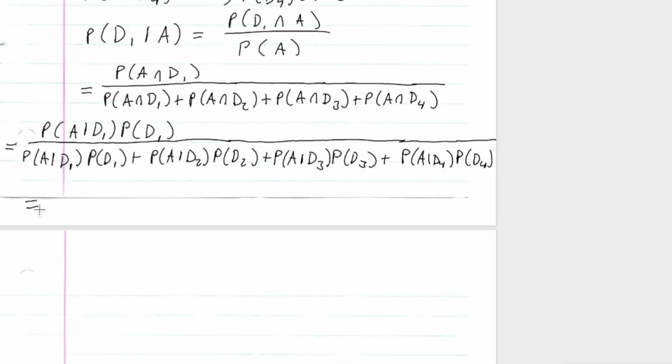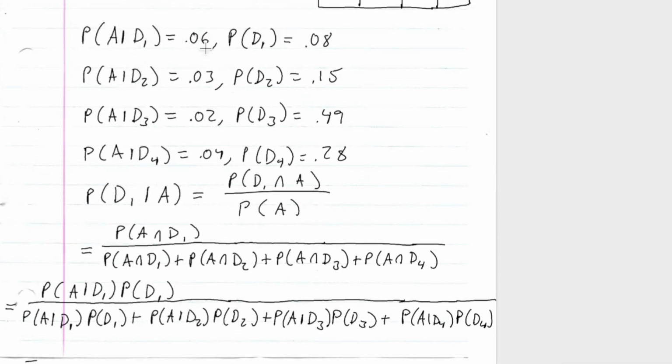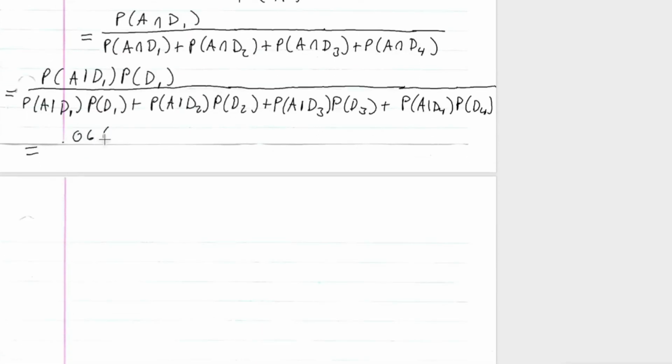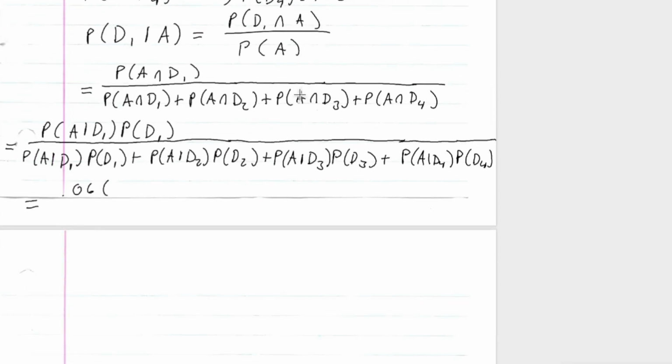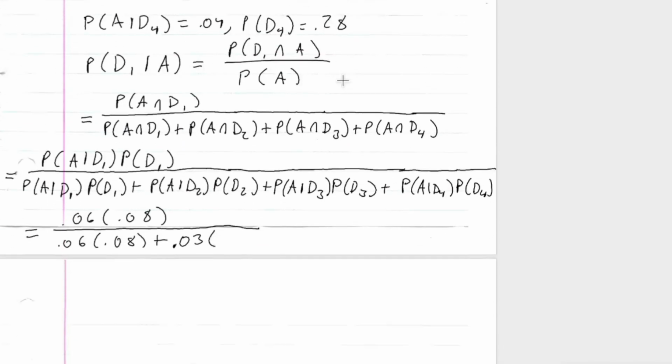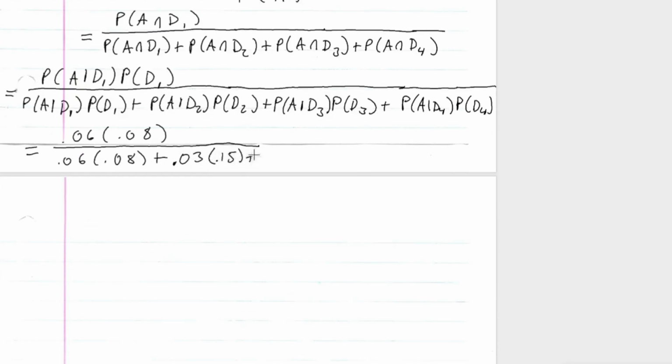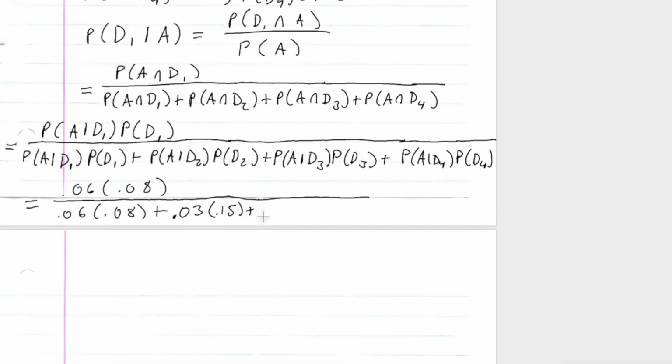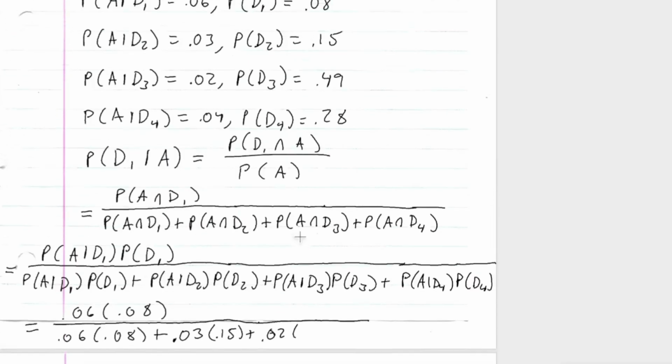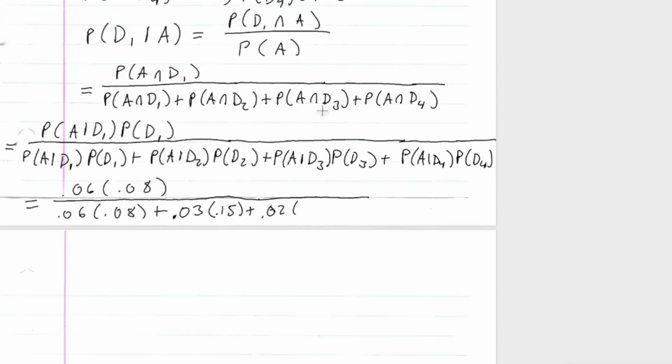So this is equal to, the probability of A given D1 is 0.06 times the probability of D1, 0.08, over 0.06 times 0.08 plus the probability of A given D2, which is 0.03, times the probability of D2, 0.15, plus the probability of A given D3, which is 0.02, times the probability of D3, 0.49.